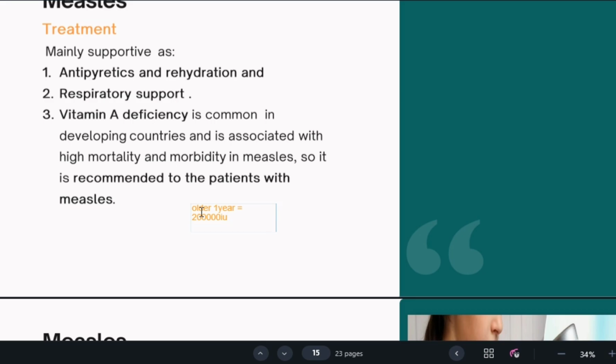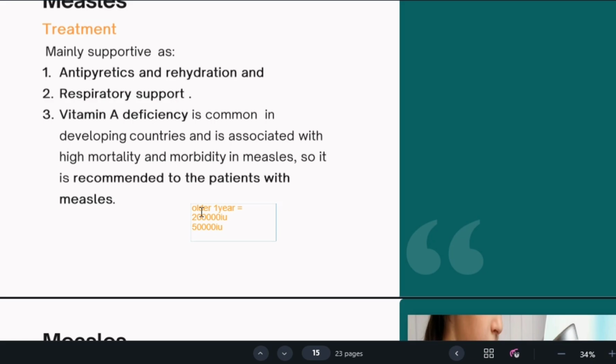And if the child is younger than 6 months, 50,000 international units once daily for 2 days.